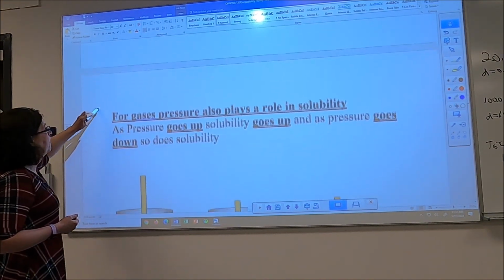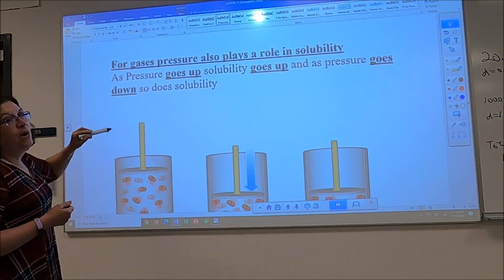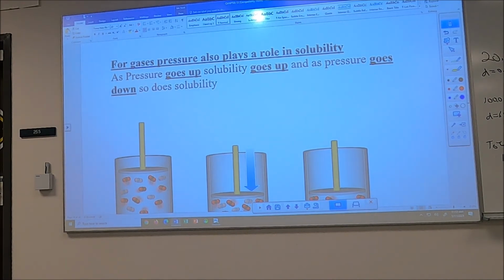Okay? Now, for gases, pressure also plays a role in solubility. As pressure goes up, solubility goes up, and as pressure goes down, solubility goes down. Think about popping the top on a soda. You immediately hear it fizz.